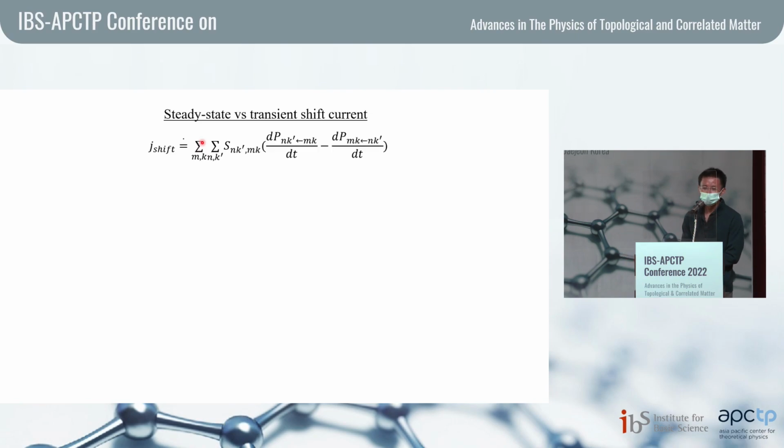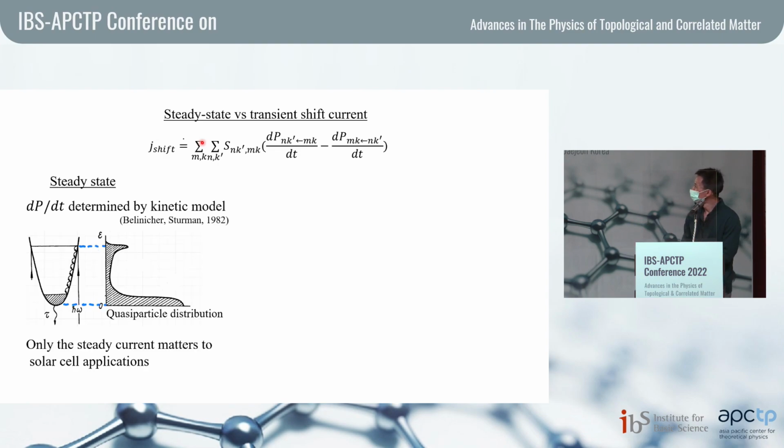First, I have to tell you, what's the difference between a steady versus a transient shift current. So this is, as you recall, the formula for the shift current. If you consider a shift current in a steady state, these transition rates really have to be determined by a kinetic model, where the quasi-particle distribution in the conduction band is dependent on the radiation lifetime, the lifetime of photon scattering, impurity scattering, and so on, right?